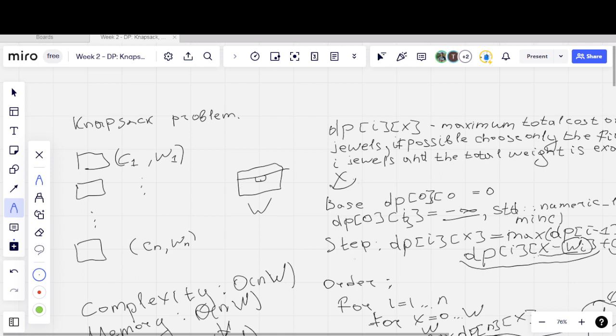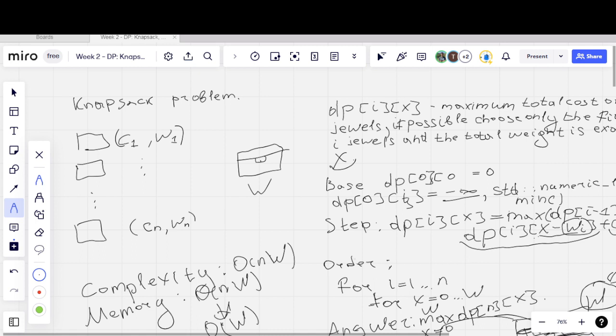The goal is to find the most expensive combination of items to include in the knapsack, but without exceeding its weight capacity. Unlike the standard knapsack problem, in the unbounded knapsack problem, you can use an unlimited quantity of each item. Almost the same, but the difference is you can use an unlimited quantity of each item.